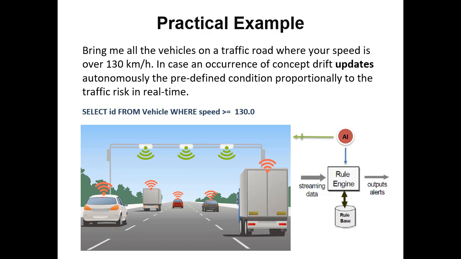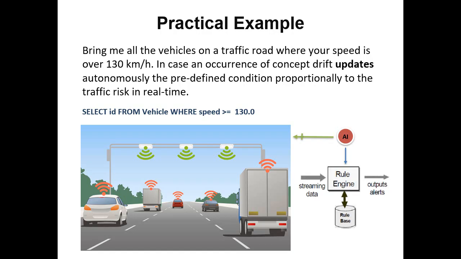Vehicle is our event, and we just capture the speed over 130, but the analysis is made by our artificial intelligence. I'm just using here some old school machine learning processing.